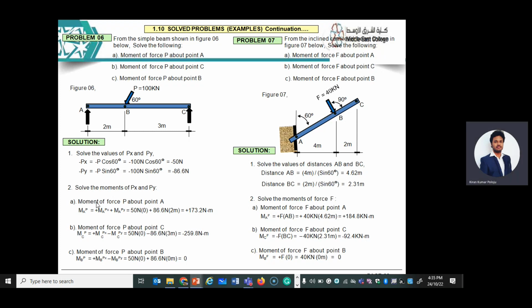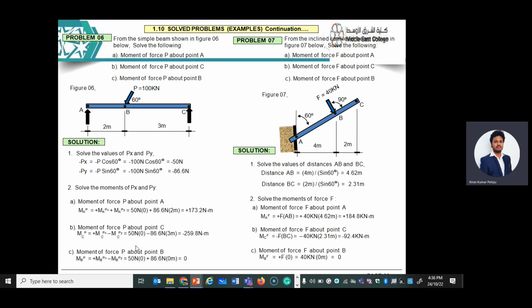So first we see how to calculate the moment of force P about A. Whatever the load in the x direction and the load in the y direction, the total sum of the loads, MA, is the moment by X direction plus Y direction. The total is 173.2 kilonewton meter.